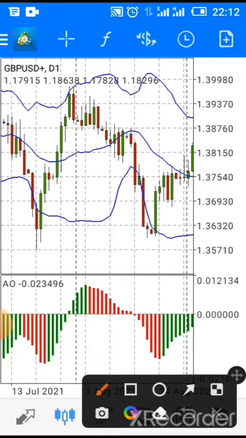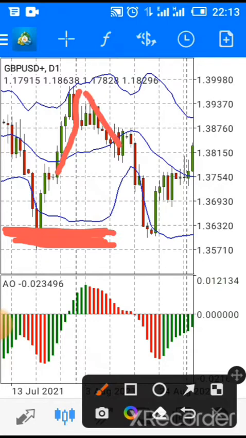So I take that again. This point is a demand zone created by drop, base, rally. This is the demand zone. After that, price went up, rallied up, and then came down a little bit.